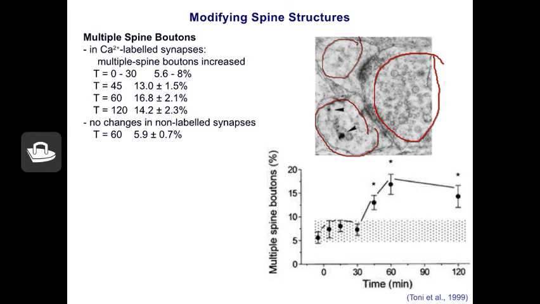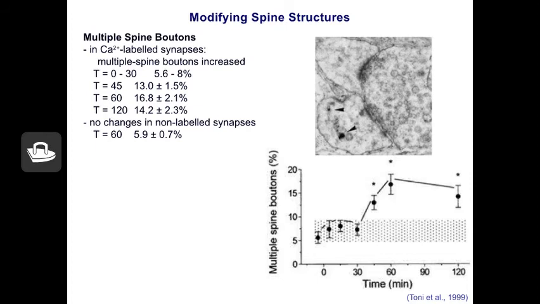In this case, you can see a beautiful rendering of a single axon terminal that is in contact with two mature and functional dendritic spines that are labeled with calcium precipitate.